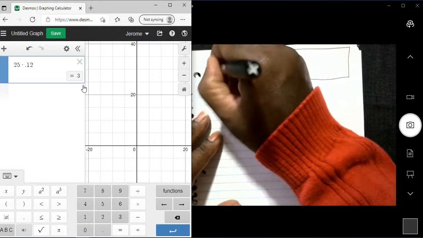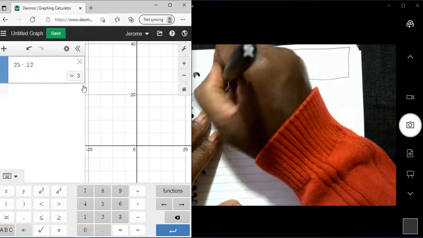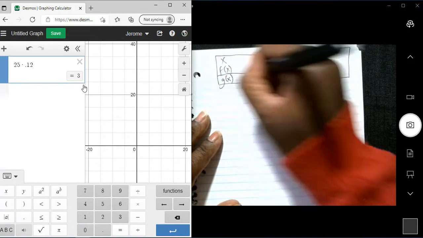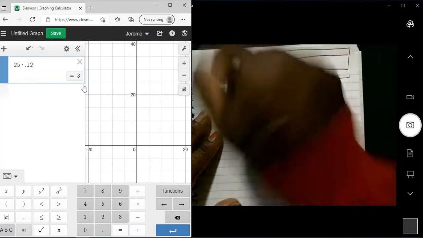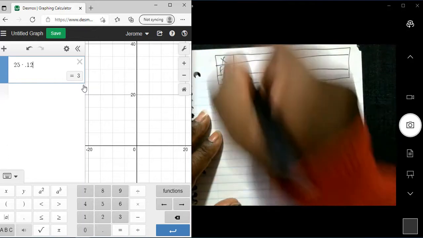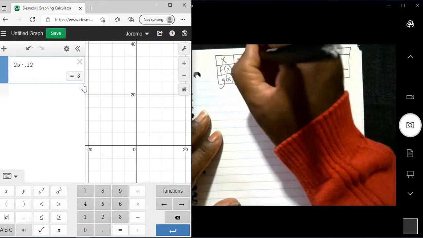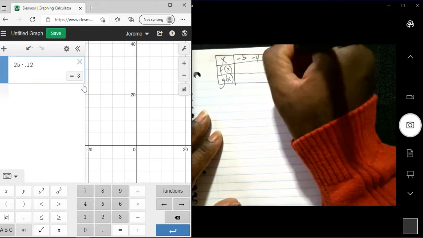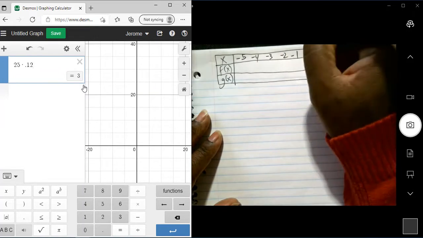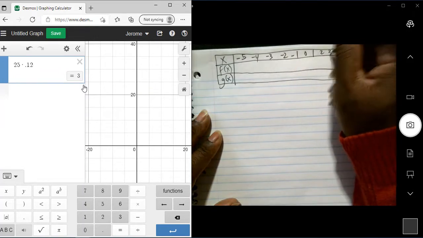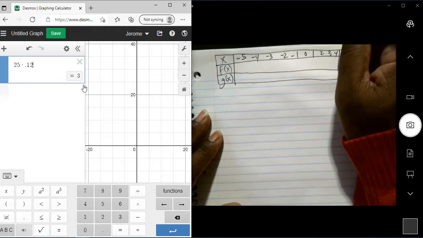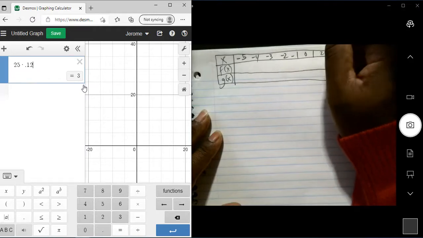So we have f of x, and g of x. All right, so we have -5, -4, -3, -2, -1, 0, 1, 2, 3, 4, and 5. This is a lot of numbers here.